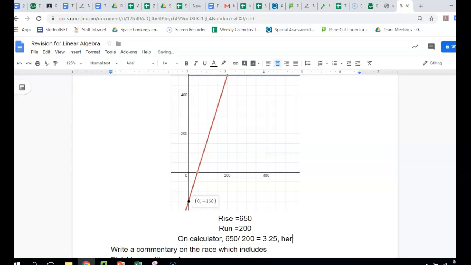So her equation is D equals 3.25 T. Now, she started at 150 behind the start line, so she's got a minus 150. And that's her equation.